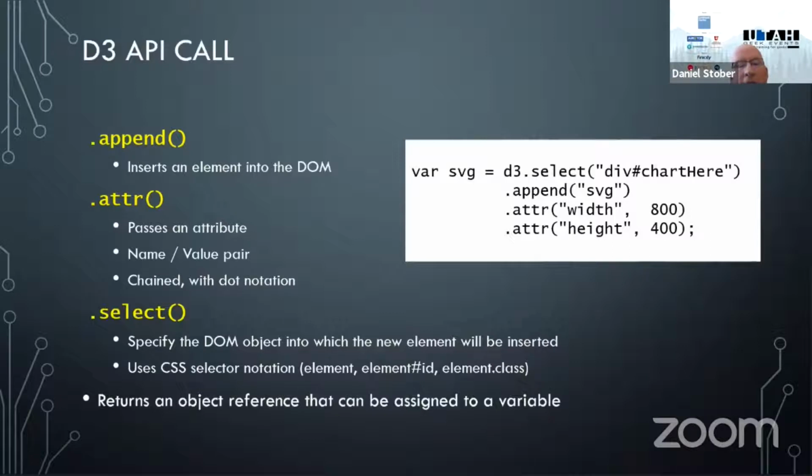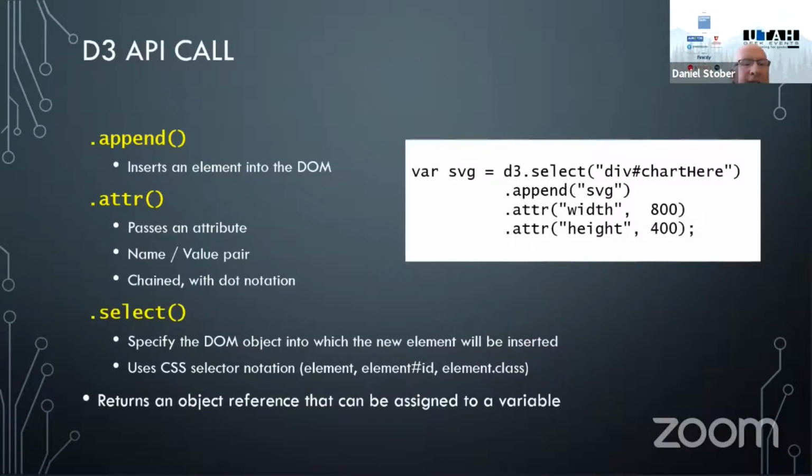We have an append, and all append does is it's saying that for whatever part of the DOM, or document object model, that you're currently referencing, you're going to insert a child element under it. Okay, so in this case, I've selected the div tag and I'm appending an SVG under it, or basically between it, as the page is rendered.